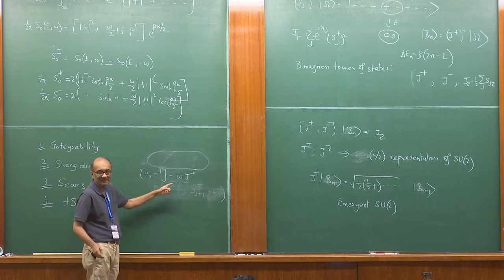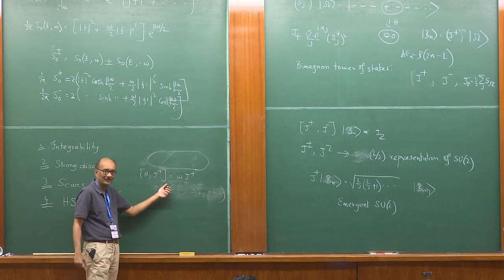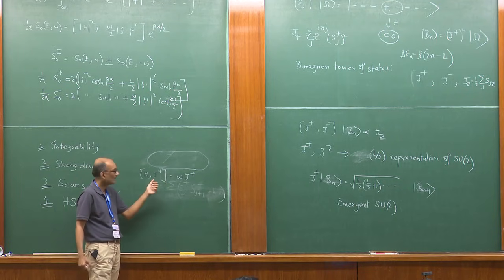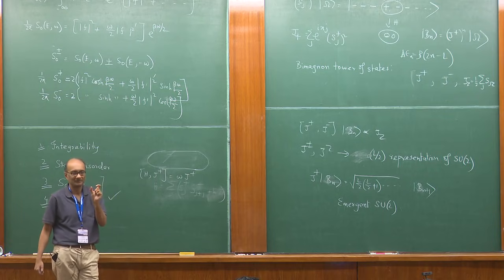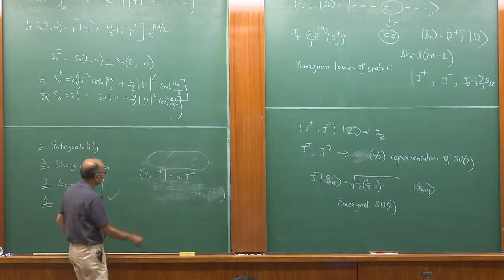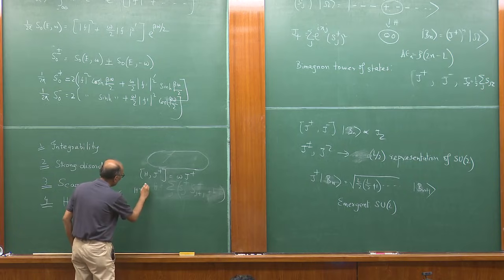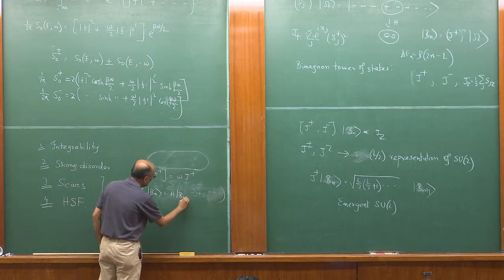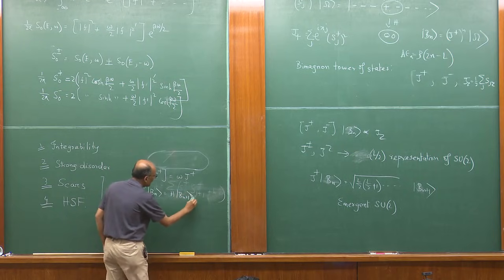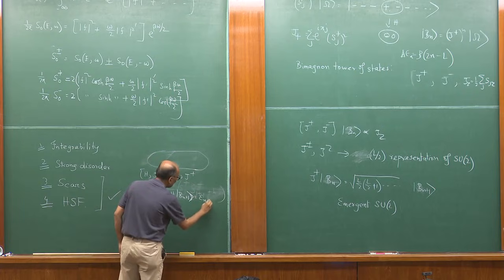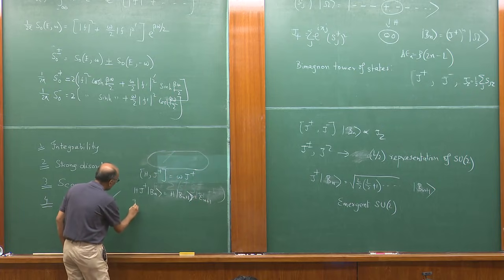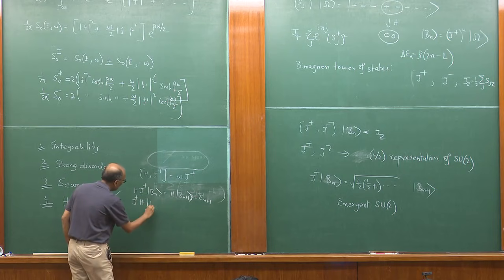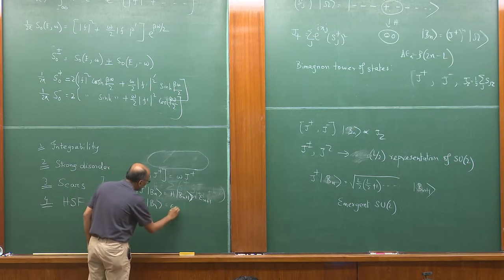If I have a state Bn, J plus acting on this Bn just gives me Bn plus 1, and the Hamiltonian will give me some energy. The other way around, it's going to give me the energy of one less pair. So H J plus on Bn is H on Bn plus 1, which is equal to En plus 1, and J plus H on Bn is En times Bn plus 1.